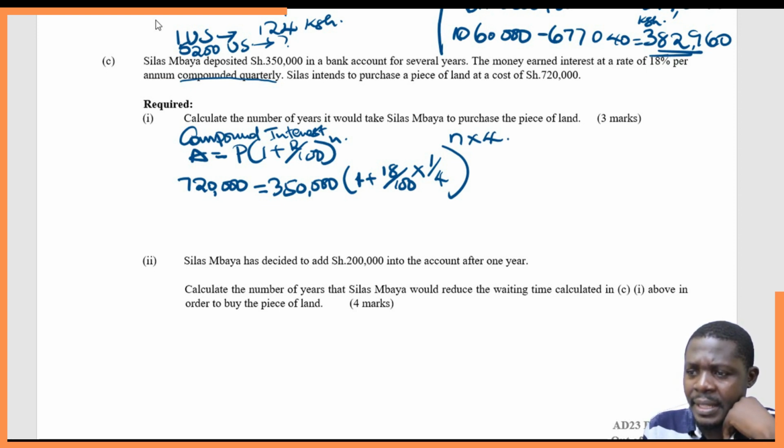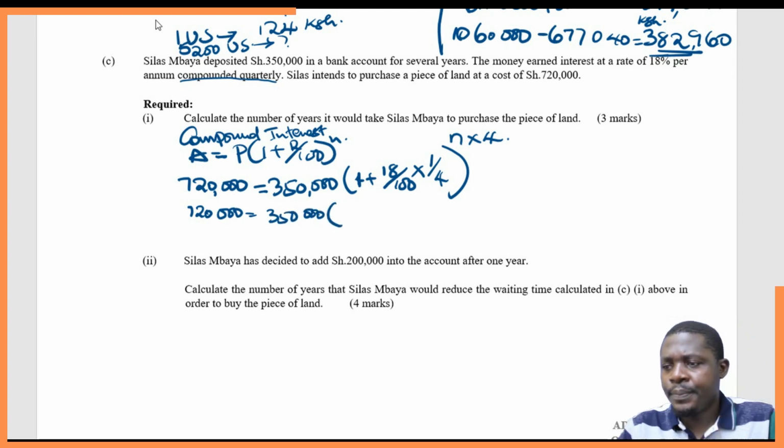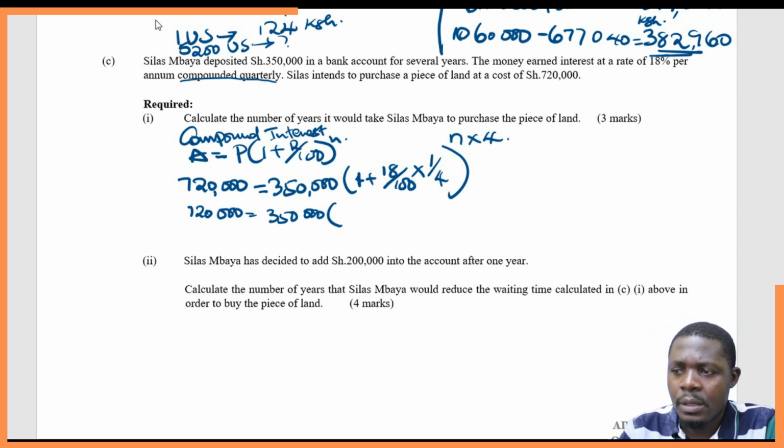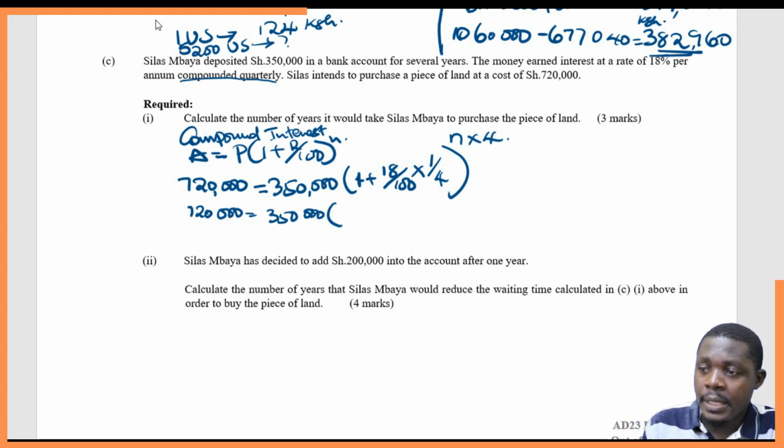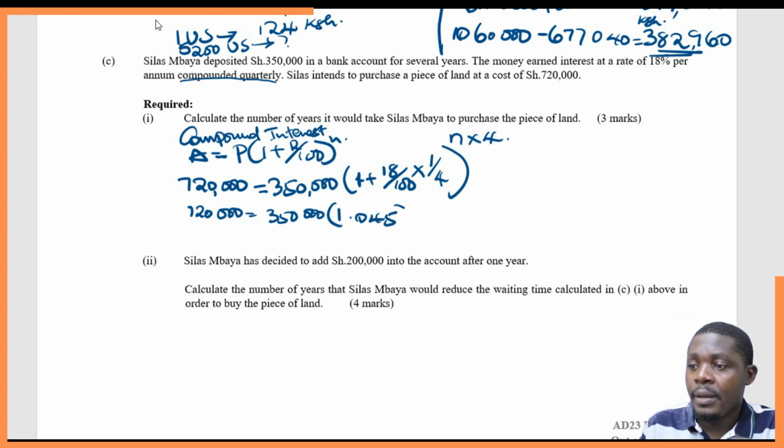Right? Therefore 720 is equal to 350 into 0.18 multiplied by 0.25 plus 1. In this case we have 1.045 raised to power 4n.